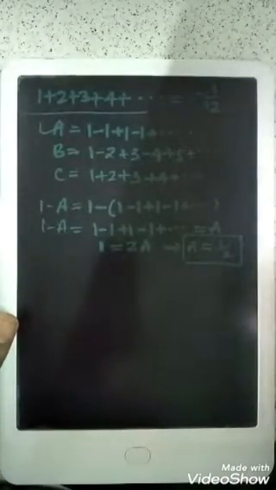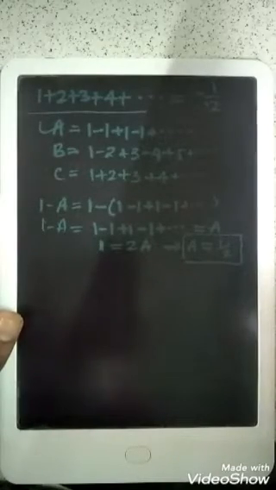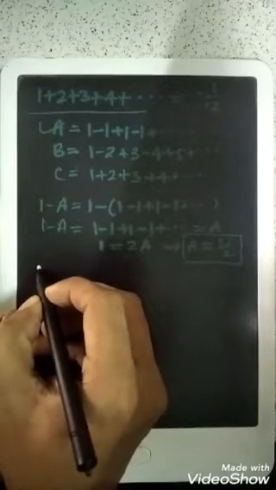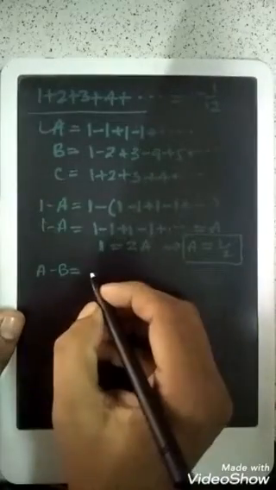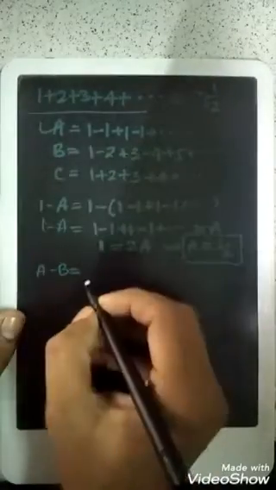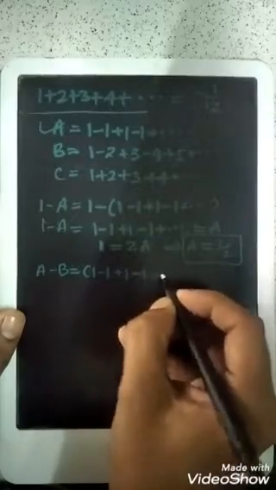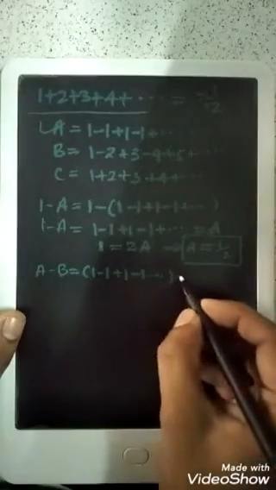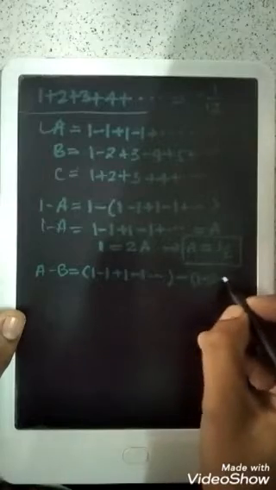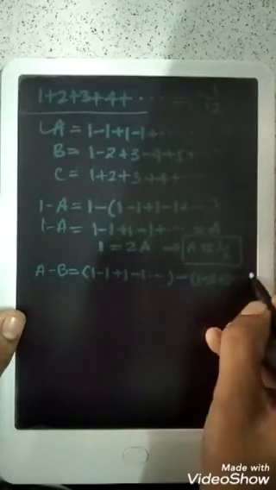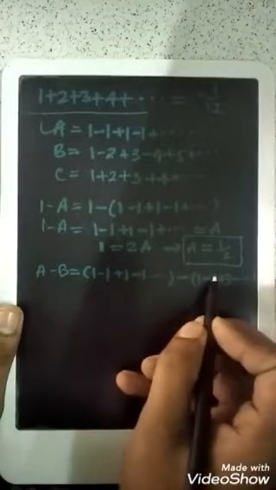Next we have to evaluate B, which is 1 minus 2 plus 3 and so on. Before evaluating B, consider A minus B. My A was this alternating series 1 minus 1 plus 1 minus 1, and B is 1 minus 2 plus 3. If I subtract, 1 minus 1 will be 0.